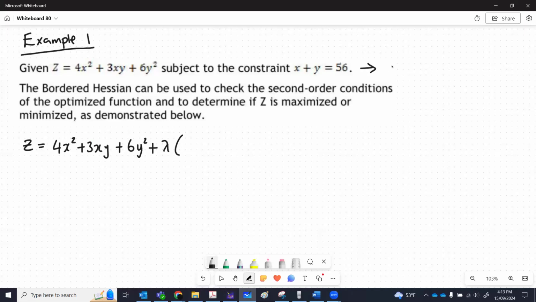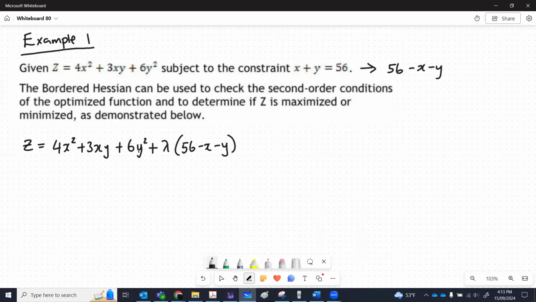So what we end up with is 56. This is our k minus x minus y. Okay, so we take these to the side of our constant. So our k here is equal to 56. So here we have 56 minus x minus y.